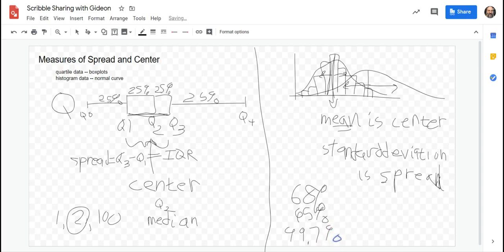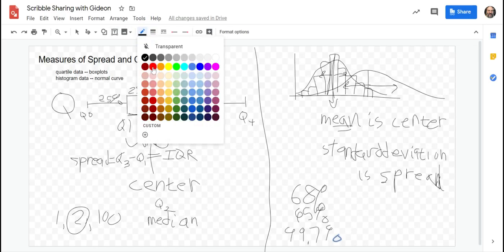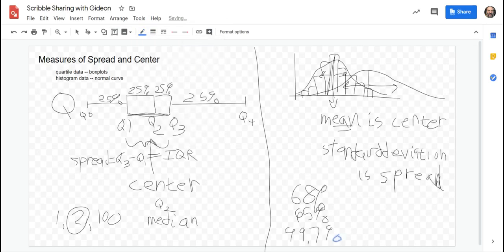So what you want to do is, I'm only going to draw one, the 68%. That means within one, well, one what? Within one spread of the center, right? Within one standard deviation of the mean.